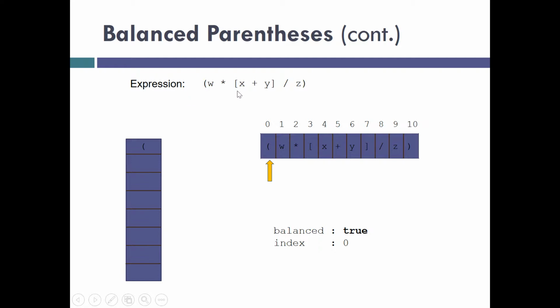We've got the open parenthesis, a bracket, a closed bracket, and a closed parenthesis. So we push on an open parenthesis, then we push on the bracket. Then we get to the closed bracket, and so here we pop off. Now we ask, this was a closed bracket, so did I just pop off an open bracket?